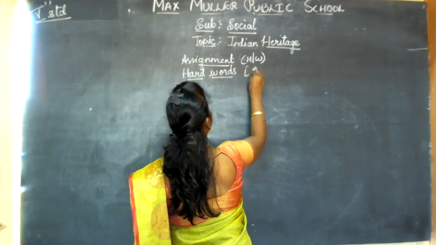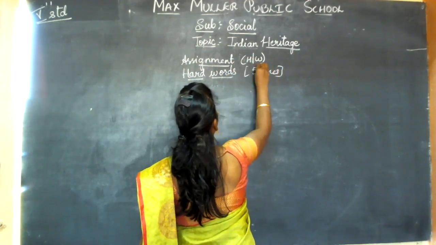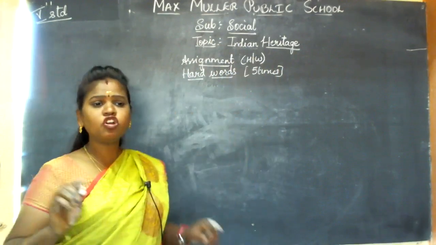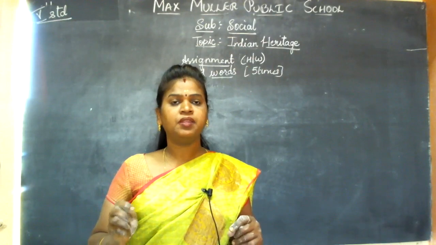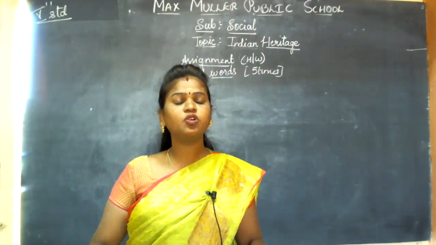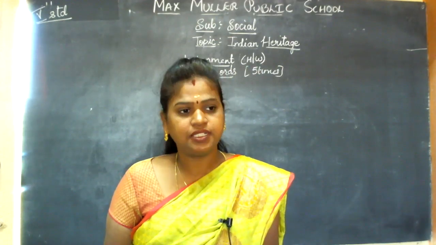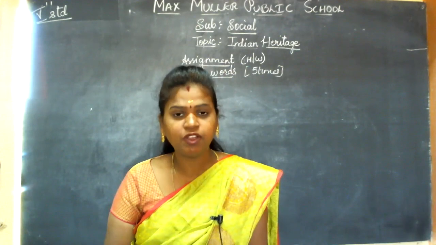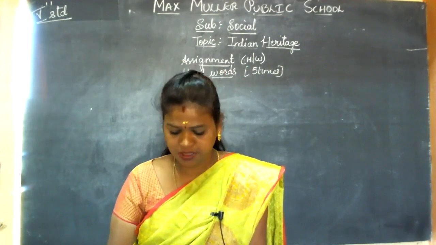You're going to write the hard words 5 times. Children, you should not miss your homework. You're going to do your homework and bring the books for corrections on Wednesday. So you all know that the corrections will be done on Wednesday. I'll be giving you some hard words which you have to practice 5 times.